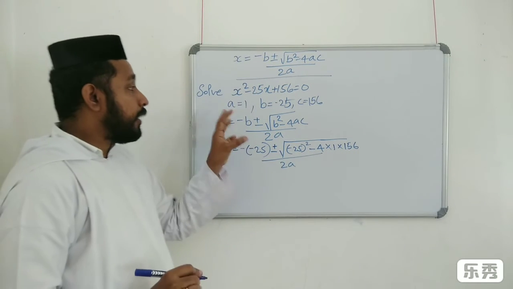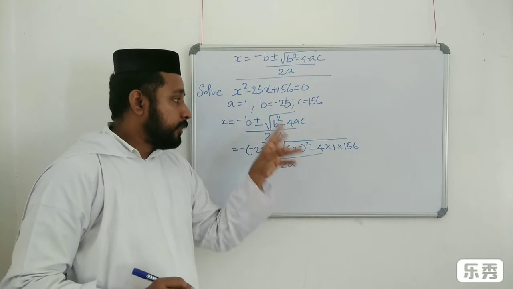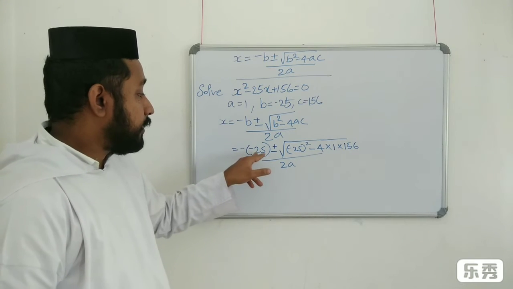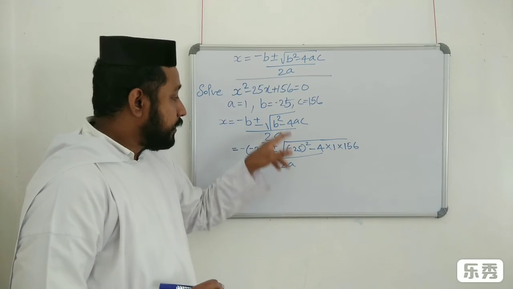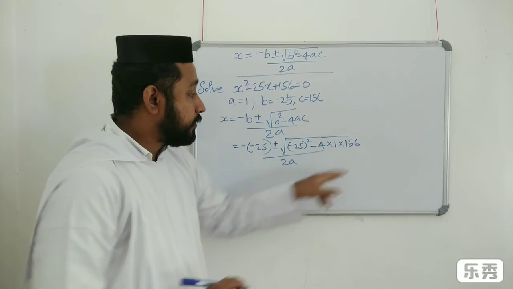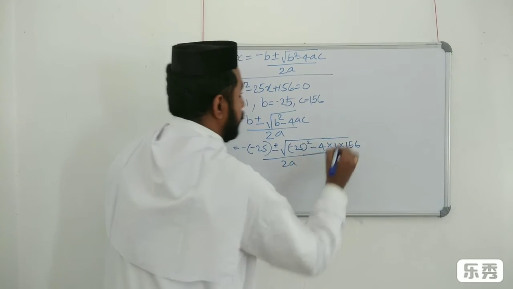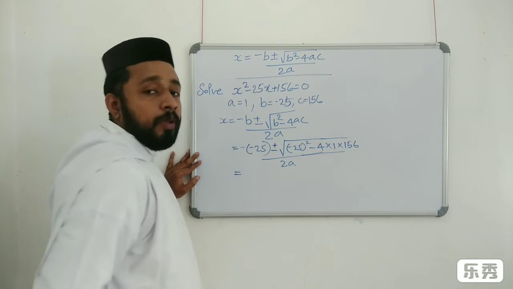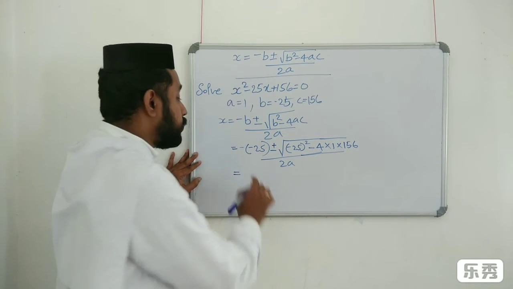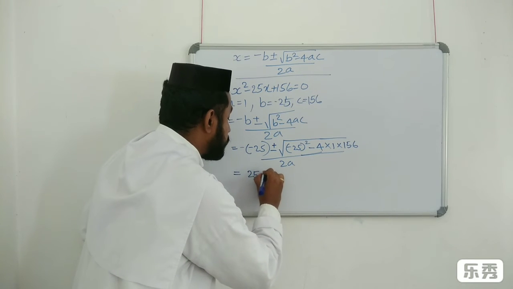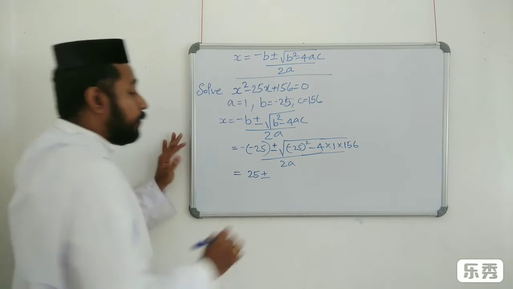So we substitute the values of a, b, and c into the equation. So we got x is equal to minus of minus 25 plus or minus root of minus 25 square minus 4 into 1 into 156 by 2a, which is equal to... minus of minus 25 means plus 25.